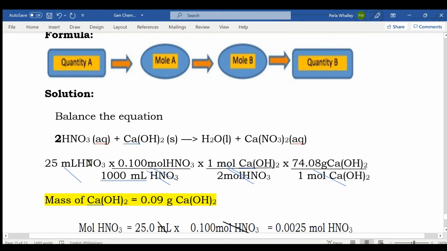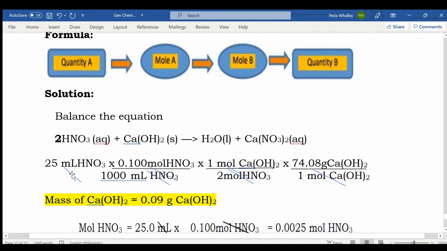So by adding 2 as the coefficient for nitric acid, we already balanced the equation. So the same, 2 moles of nitric acid plus 1 mole of calcium hydroxide will form 1 mole of water and 1 mole of calcium nitrate.